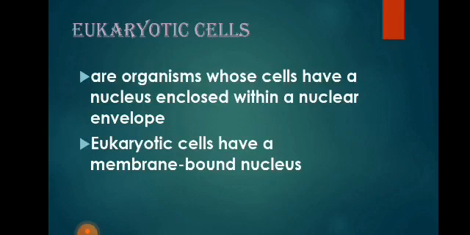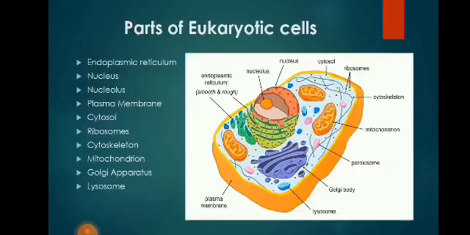Next are the eukaryotic cells. Eukaryotic cells are organisms whose cells have a nucleus enclosed within a nuclear envelope. Eukaryotic cells have a membrane-bound nucleus. A eukaryotic cell is any cell or organism that possesses a clearly defined nucleus. The eukaryotic cell has a nuclear membrane that surrounds the nucleus, in which the well-defined chromosomes are located.